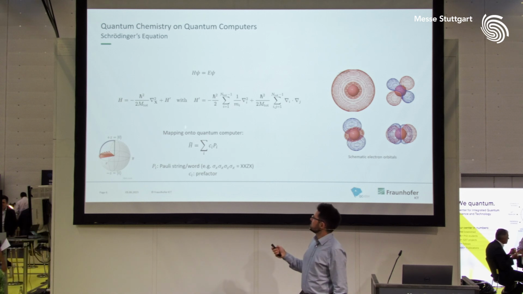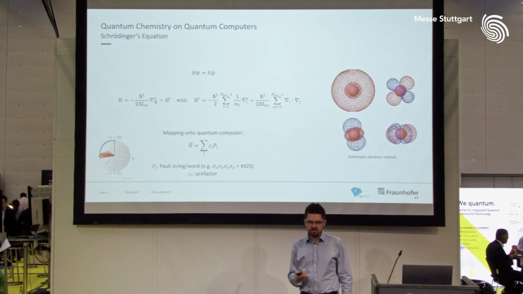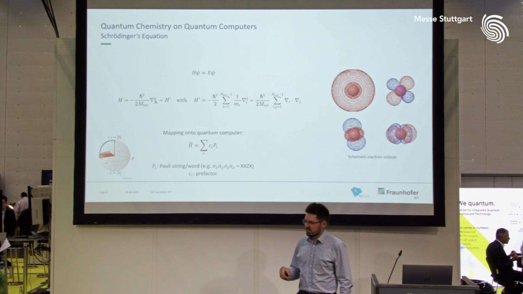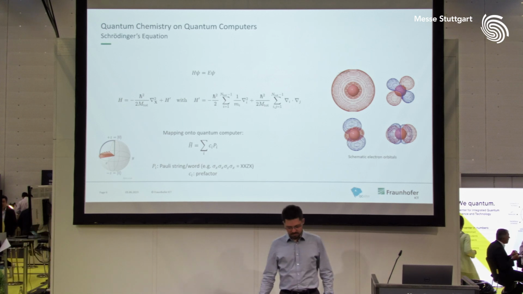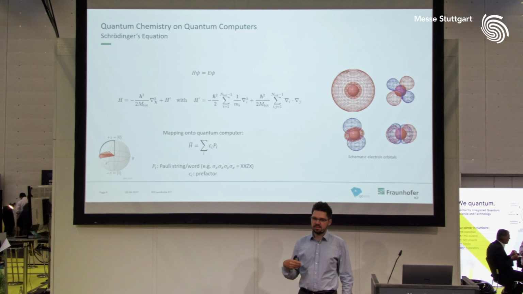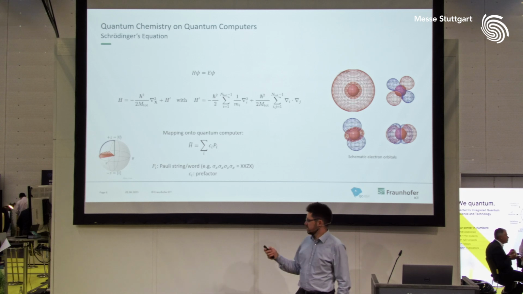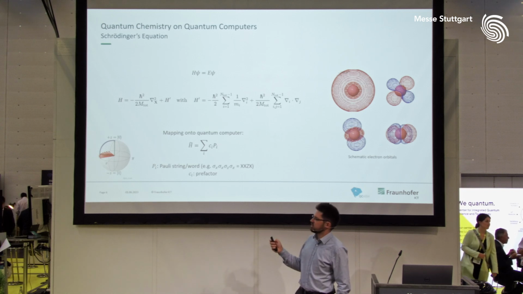And we can rewrite the whole Hamiltonian of a quantum chemistry system of a molecule in a sense that we have some Pauli strings of which this is composed. And we can then calculate the expectation value of these Pauli strings to get exactly this energy in the Schrödinger's equation.